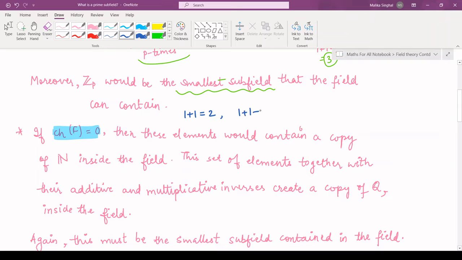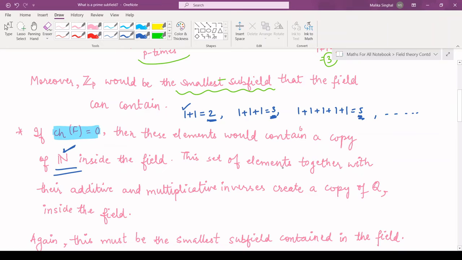Like you add 1 three times, then you will get 3, and if you add 1 five times, you will get 5, and so on, right? So with this multiplicative identity, you will get every element of the set of natural numbers inside the field. So it would mimic a copy of natural numbers inside this.